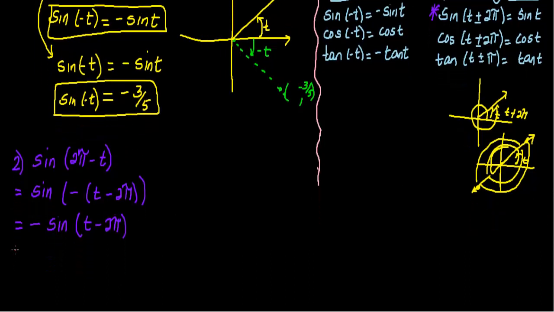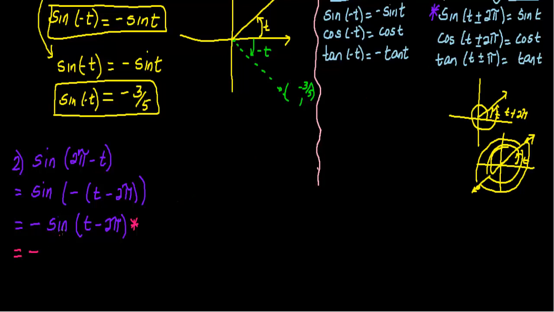And now that I have the negative of the sine of t minus 2 pi, in this step I can rewrite the sine of t minus 2 pi by using this identity here that says the sine of t plus or minus 2 pi is equal to the sine of t.